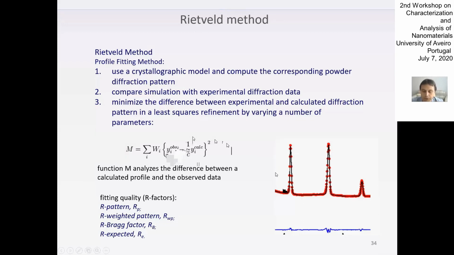We have to give the software some initial parameters, and this software will try to adjust these structural parameters to minimize this function, the difference. And we can talk about some reliability factors, or R factors, which can be used to estimate the quality of this refinement. There are several R factors.